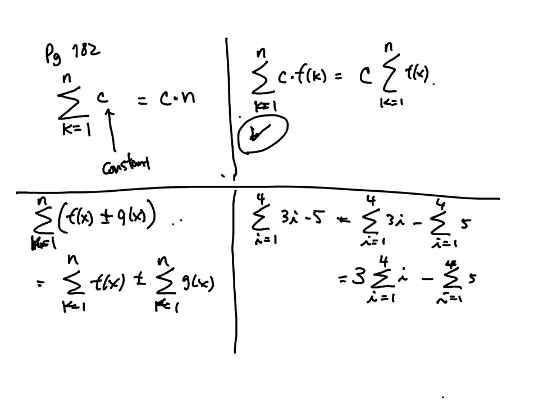This looks much like the first that we have, right? So if you think about it, this right here is literally 5 times 4, right? Because it's just the constant multiplied by the n on the top. So this is literally 5 times 4. Okay? Whereas the first summation is 3 times 1 plus 2 plus 3 plus 4.